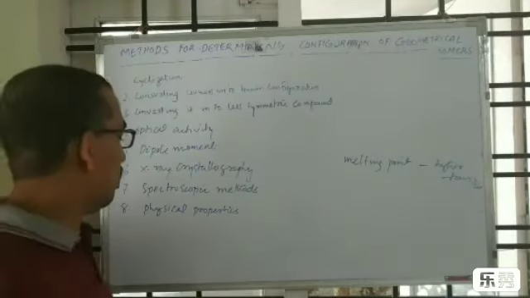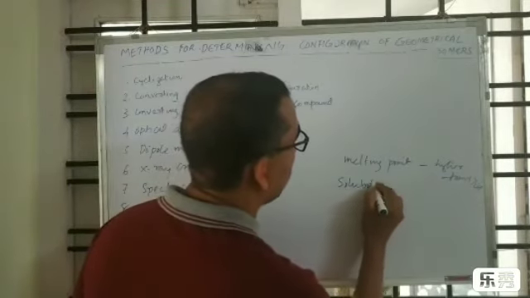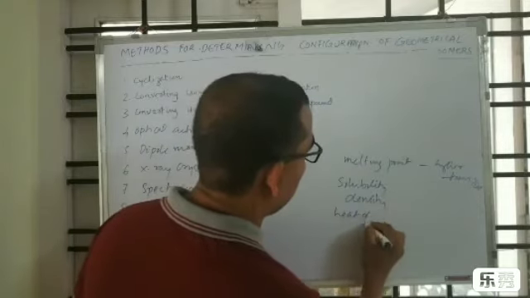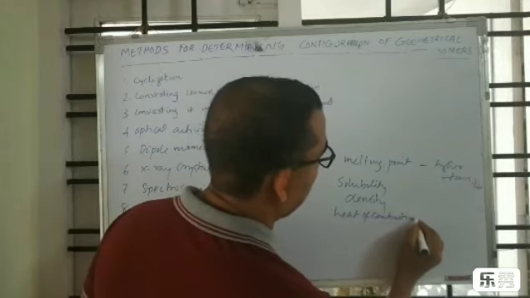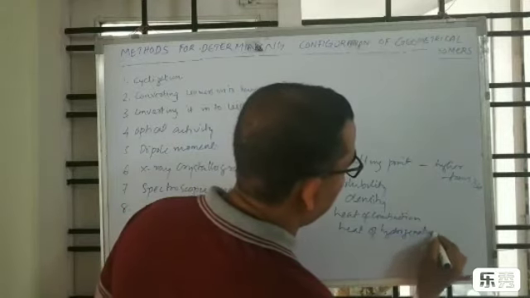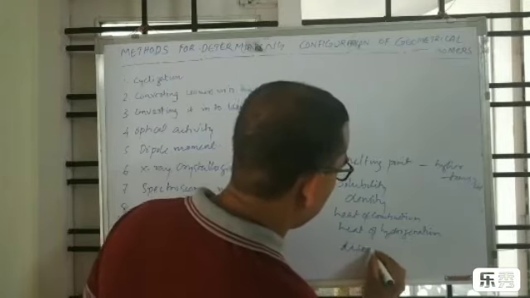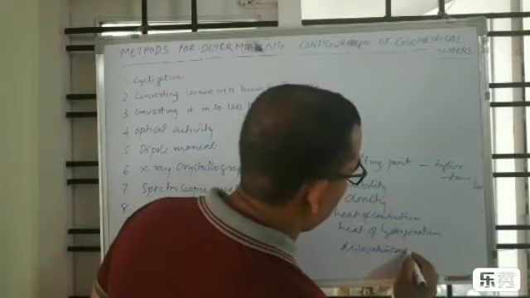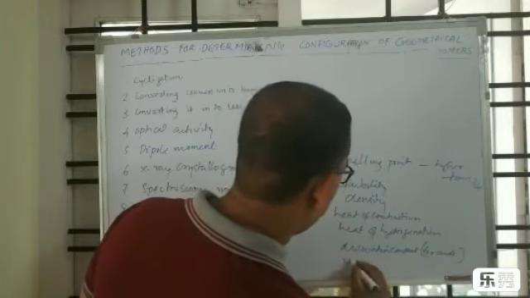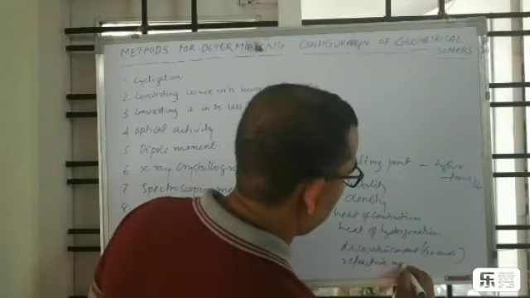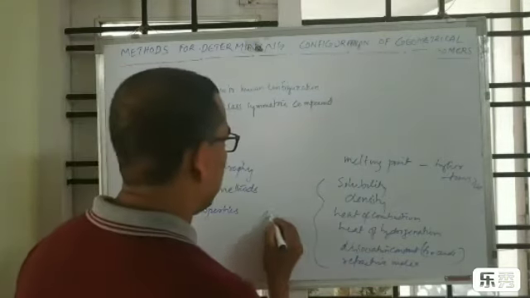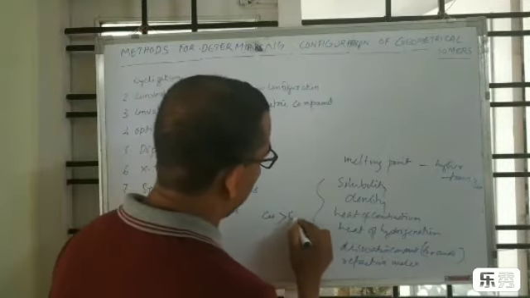Almost all the physical properties, like solubility, density, heat of combustion, heat of hydrogenation, dissociation constant for acid, then refractive index, will be higher for the cis isomer than the trans isomer.